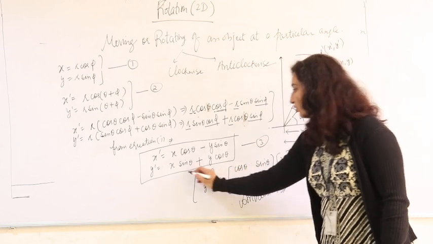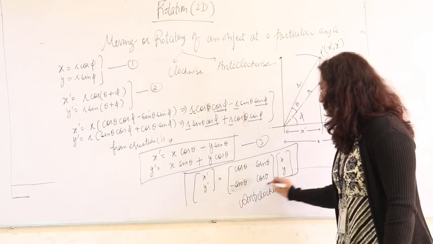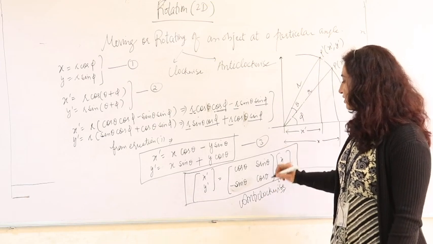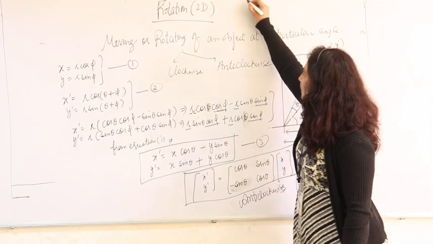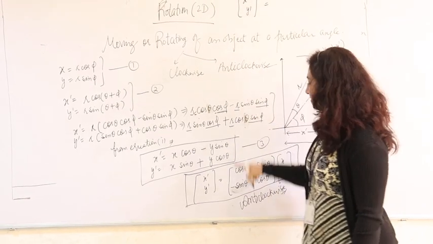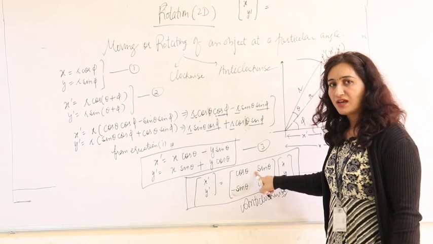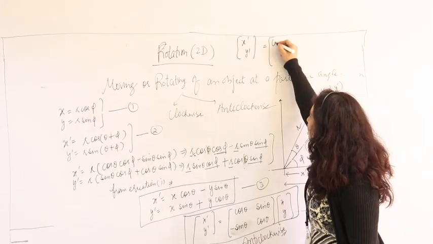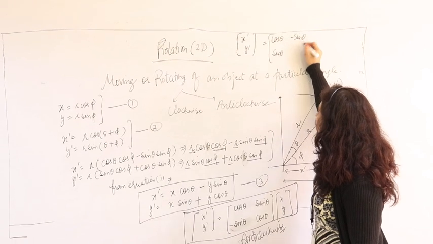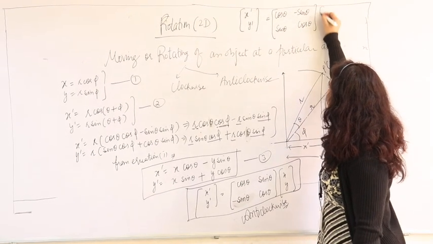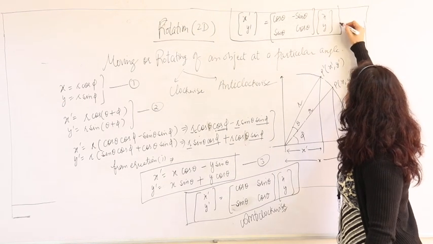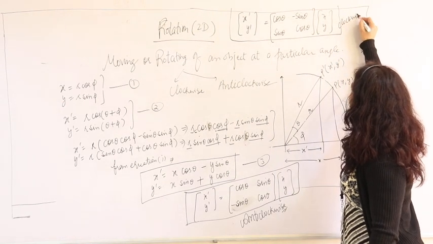This is the matrix for anti-clockwise. For clockwise rotation, x dash y dash is equal to, there is a change in the sign: cos theta, sin theta, minus sin theta, cos theta, and x and y. This is the equation for clockwise.